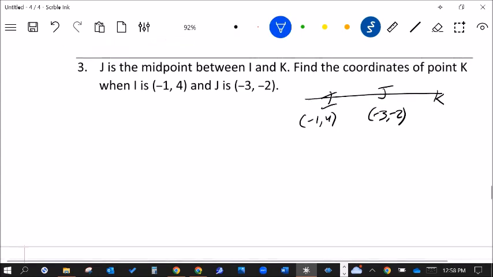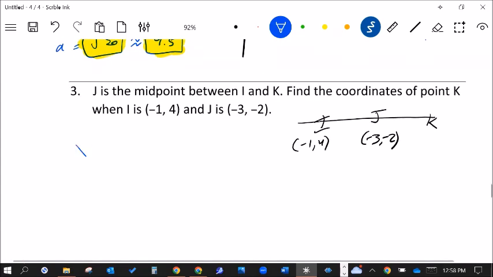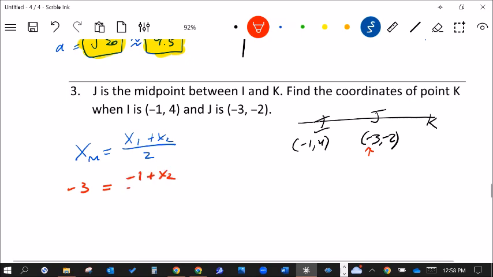Okay, welcome back. So I want the midpoint, and I remember that the x of the midpoint is equal to one of the x's plus the other x over 2. And so I'm going to put in that the x of the midpoint is the -3, and that's equal to the x of one of them plus the other x we don't know.